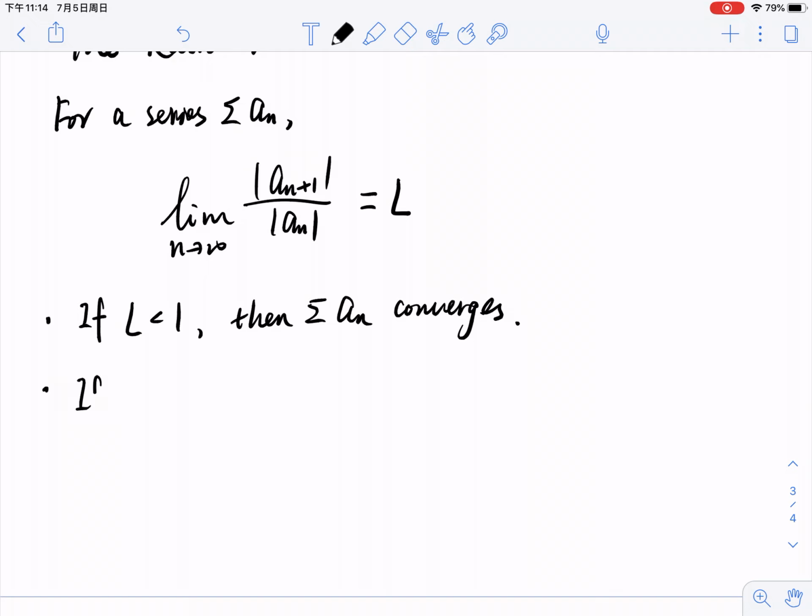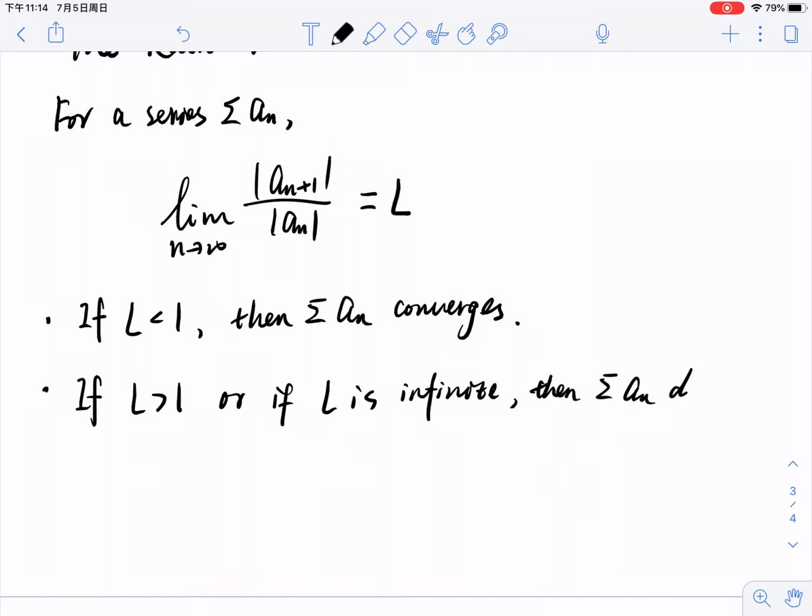If L is greater than 1, or if L is infinite, then this series diverges.